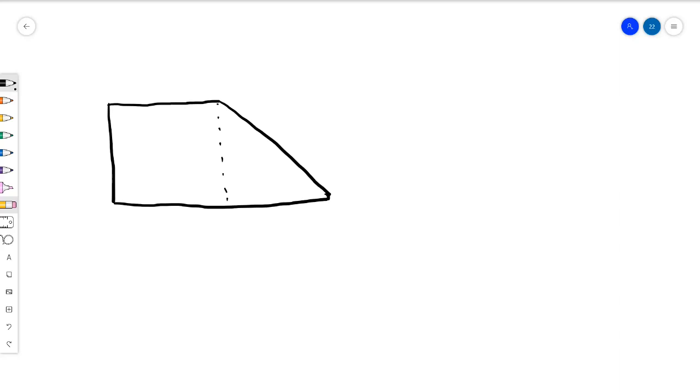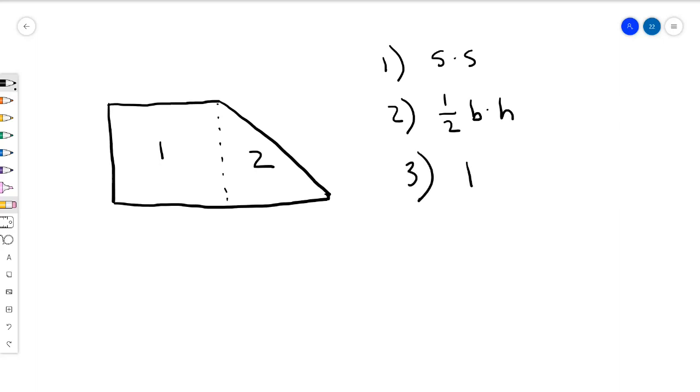When you are finding the area of a shape like this, you want to find the area of your square or rectangle there, and then the area of your triangle, and then you want to add them together. So remember that step 1, the area of a square or rectangle is side times side, and 2, the area of a triangle is 1/2 base times height, and then 3, you add them together.